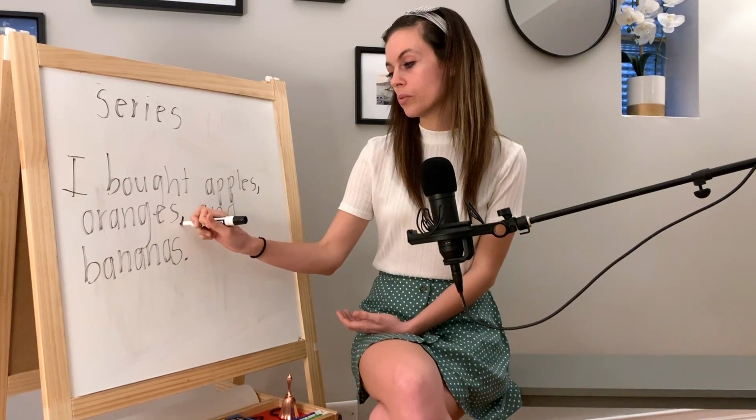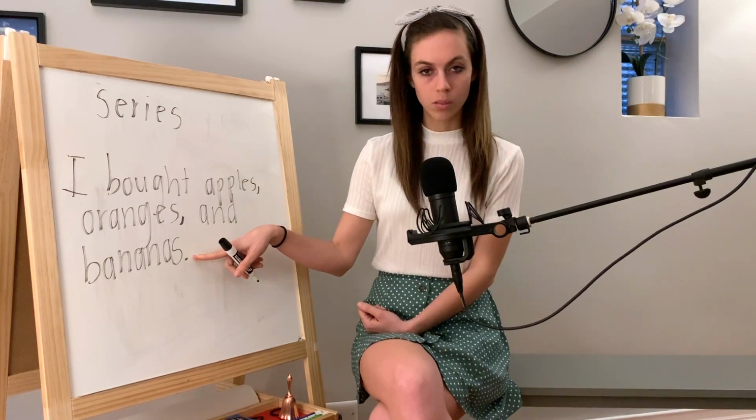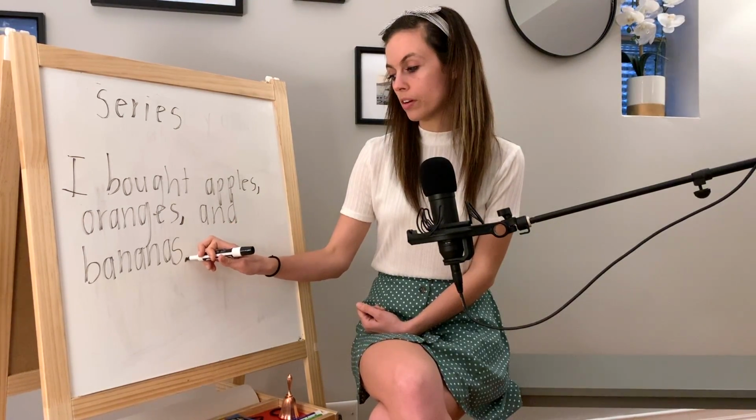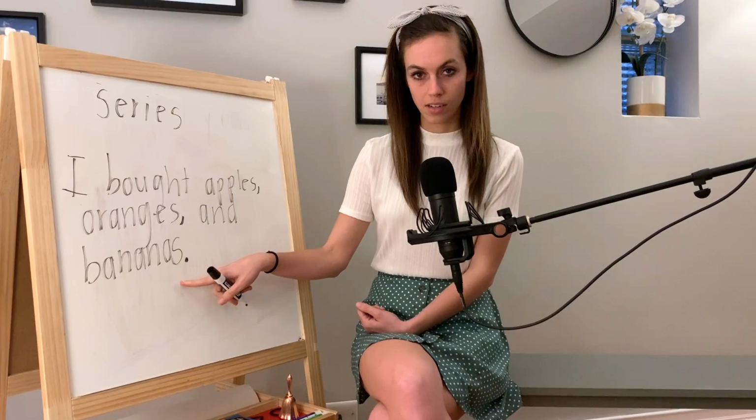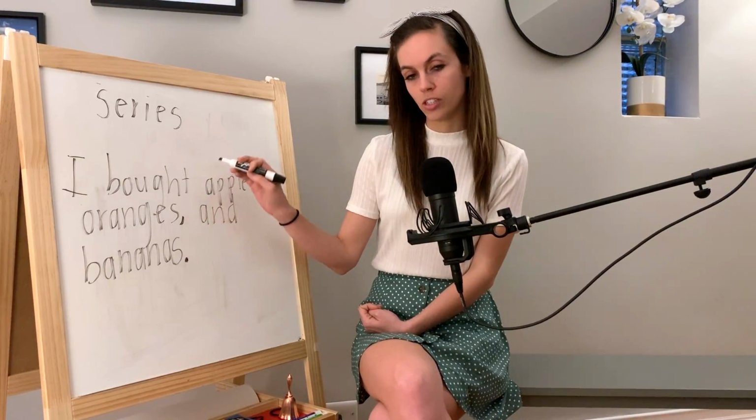So the first thing I listed is apples, so I'm going to put a comma after apples. And the second thing I'm listing is oranges, so I'm going to put a comma after oranges. The word that comes after "and," you don't need to put a comma because there's a period and that's the last thing that you're listing. If I had another word here like apples, oranges, peaches, and bananas, I would put a comma after peaches too.